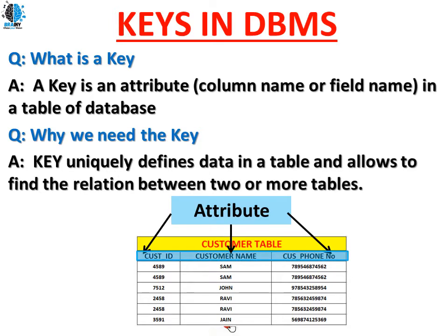So all these are our attributes. So key is an attribute. What are the different keys we have here? Customer ID, customer name, and customer phone number. All these are keys of this respective table, customer. So keys are nothing but attributes of any table or column names or field names.